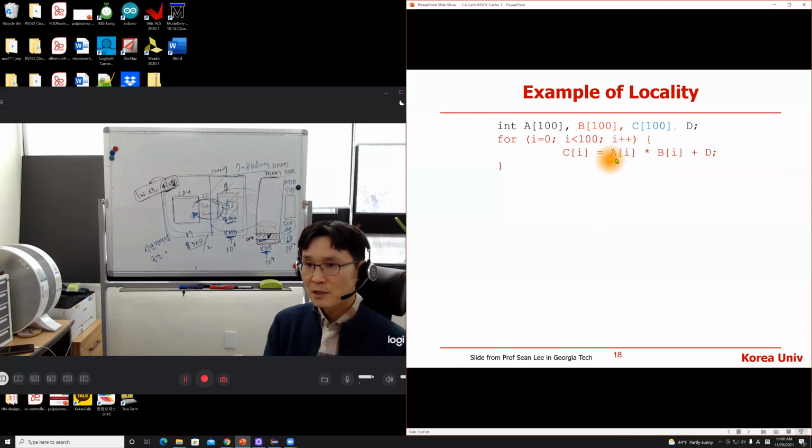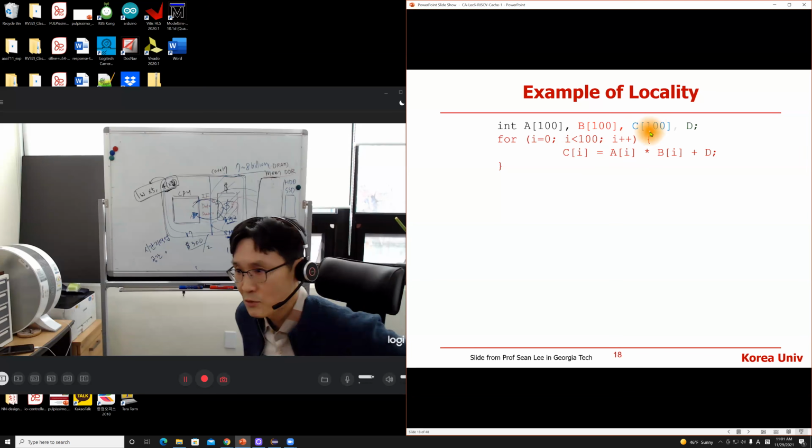A0, the first element in array A, and the first element in array B, do multiplication, then add D, and store into the first element in array C. Next iteration, I is equal to 1. Then A1, second element, B1, second element in B, then add D, and store that into C1, second element in array C.